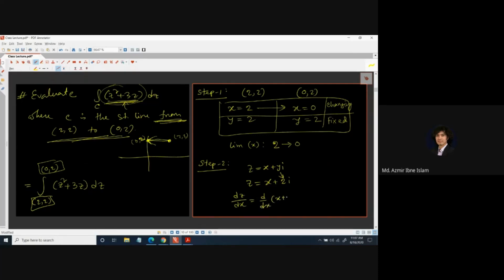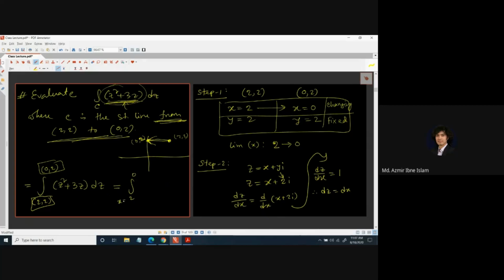From this part, we get dz/dx equal to, so the differentiation of x is 1, the differentiation of 2i, that is a constant, means 0. So we finally have 1. So our target is to find dz. So dz this time is equal to dx. So finally we are done. That means we can write this integral as, previously we had 2 to 0 2 as the limits, now we will have 2 to 0.